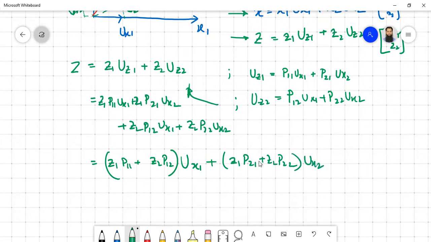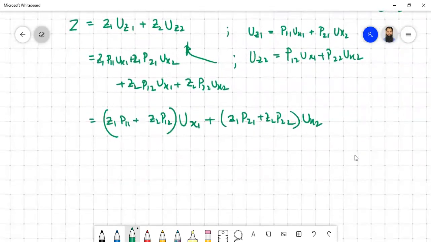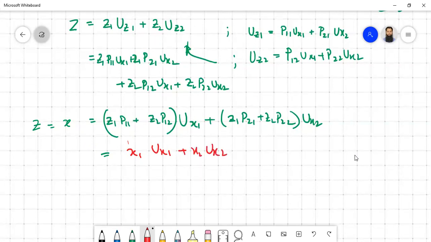Now, as you can see, we already said that x and z are the same thing, so z can be equal to x. We know how to represent x as x1 ux1 plus x2 ux2. So we can easily say this is nothing but your x1, and this is nothing but x2.